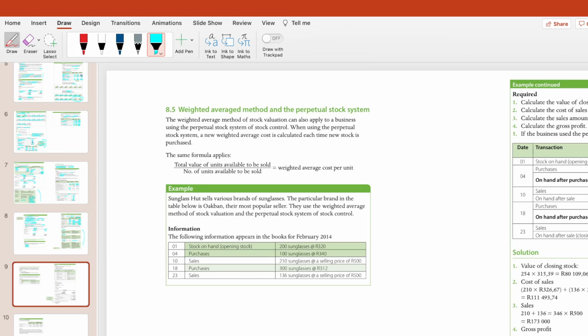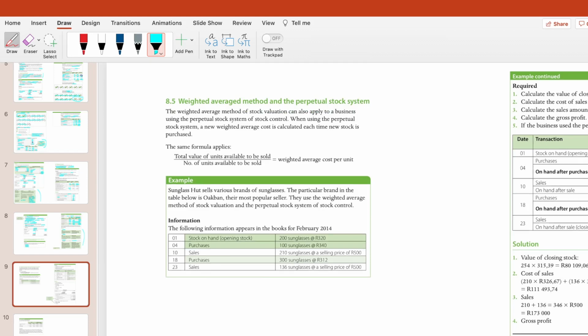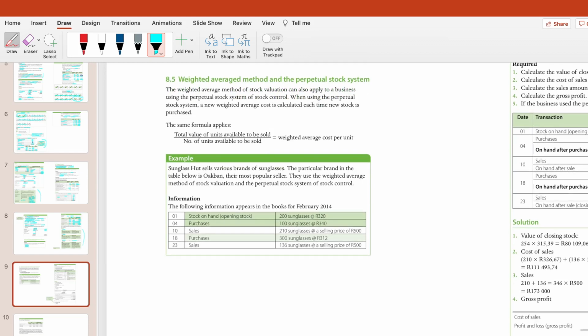When we use the perpetual stock system, a new weighted average cost is calculated each time new stock is purchased. And the same formula will be used, where we use the total value of units available to be sold divided by the number of units available to be sold.